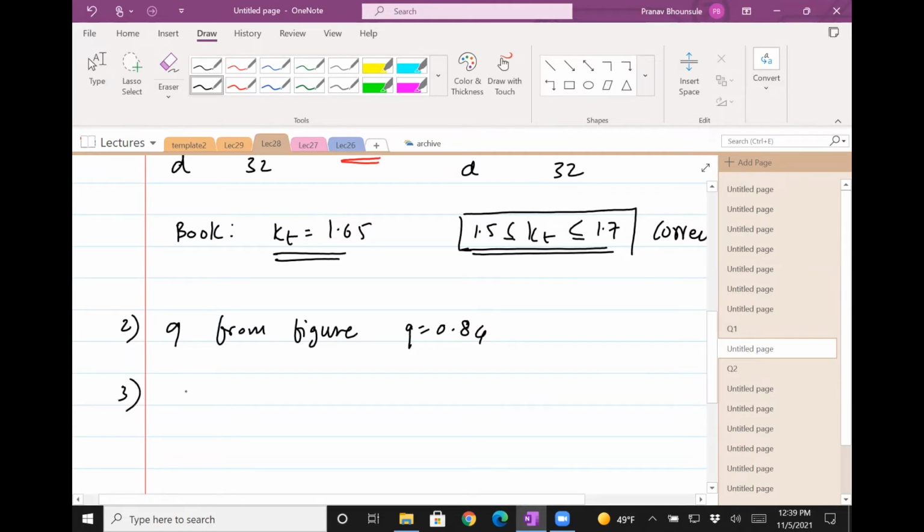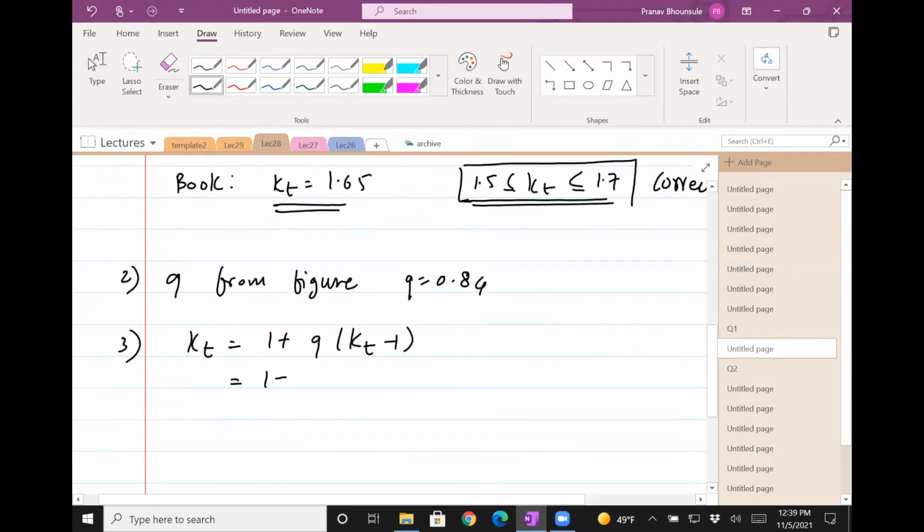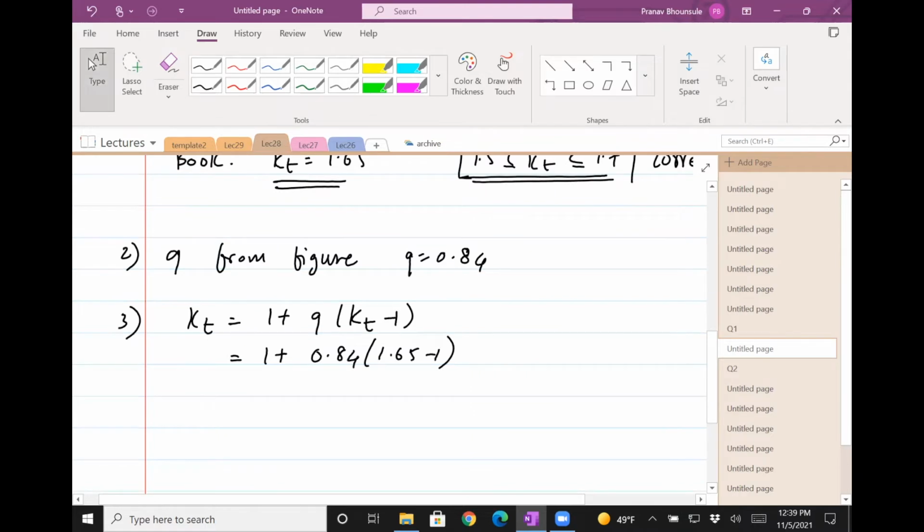And the third step is, let's use the formula now. Kf equals 1 plus Q times KT minus 1. Q is 0.84, KT is 1.65, which we found earlier. And so Kf equals 1.55. And that's the answer.